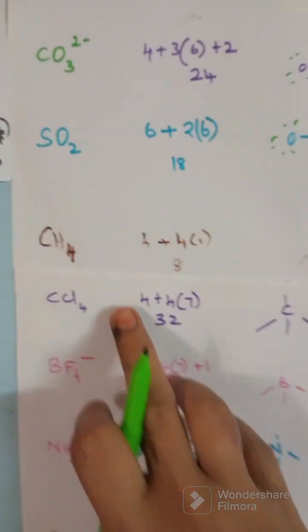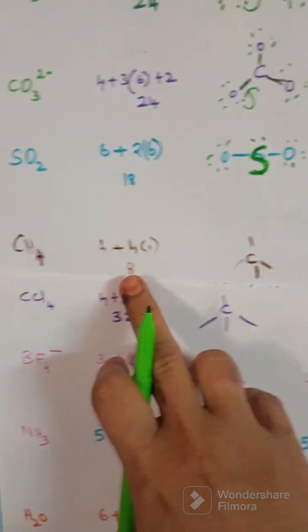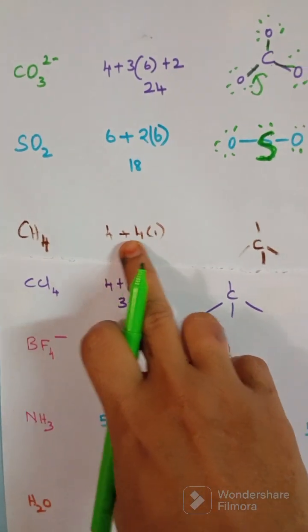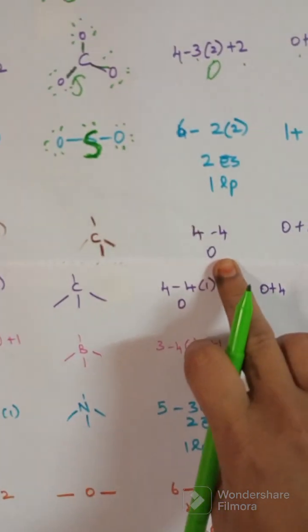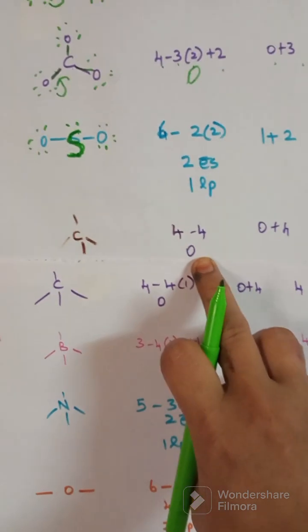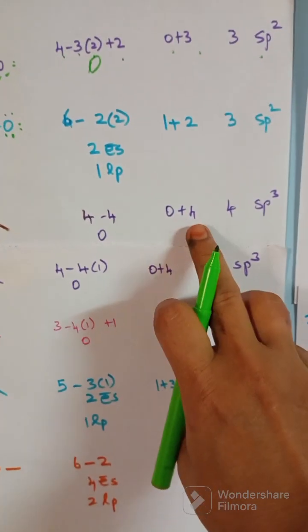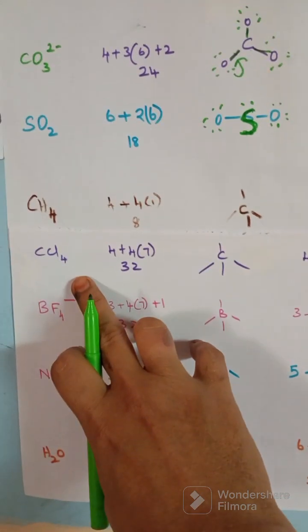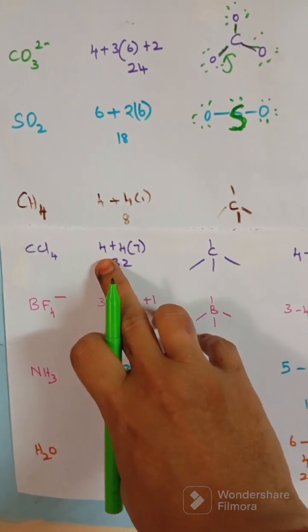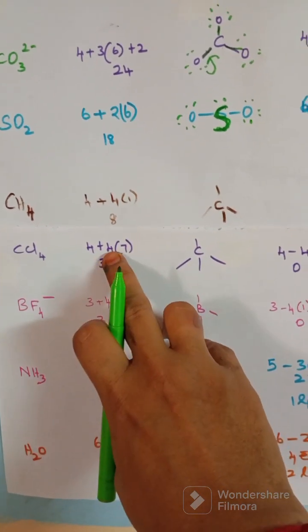Same way we can calculate for methane. Group number 4 plus 4 surrounding hydrogens, 8. So 4 minus 4 is 0 for the lone electrons. Hybridization is 0 plus 4 hydrogen, 4, that is sp3 hybridization. For CCl4 also same way, group number 4 plus 4 chlorine atoms.